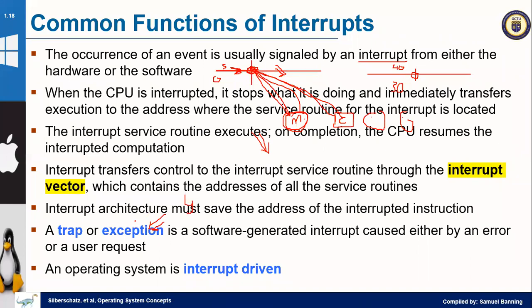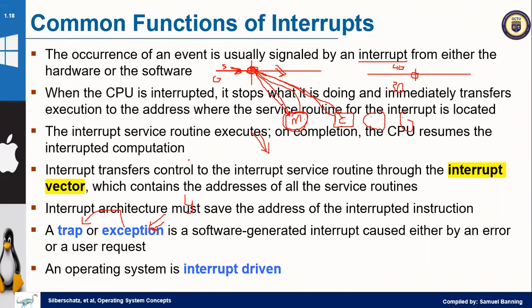So when an exception occurs, that exception also throws an interrupt to the CPU. Okay, an exception can also be called a trap. Later in the course, we will look at exceptions in detail. So an exception is a software-generated interrupt that is caused by either an error or a user request.